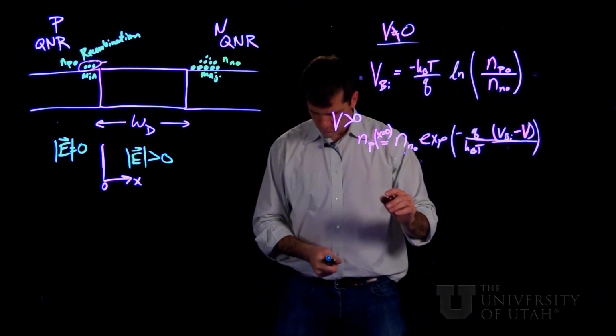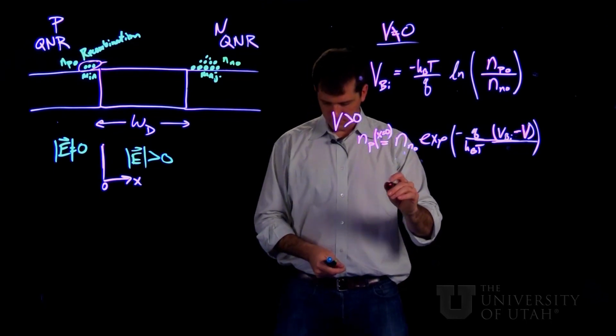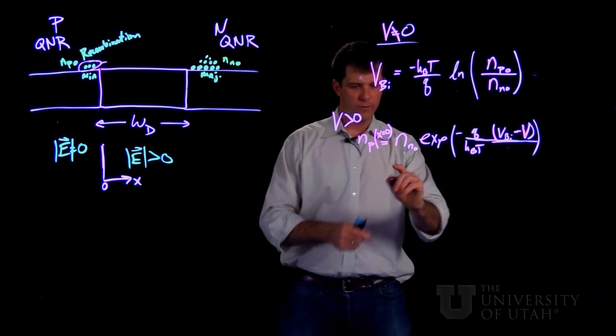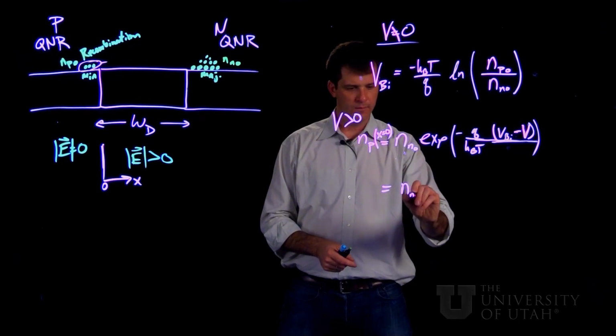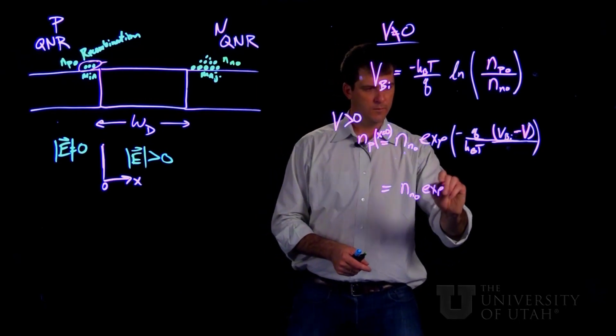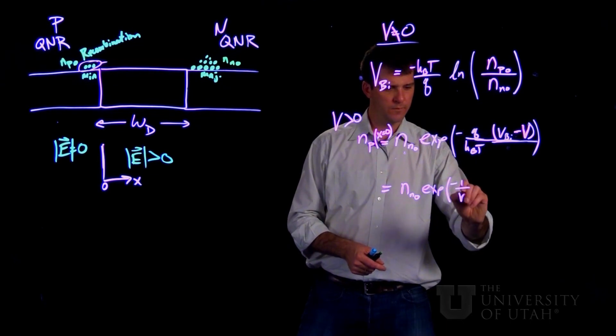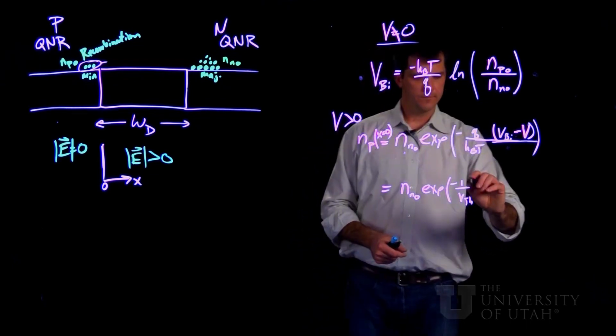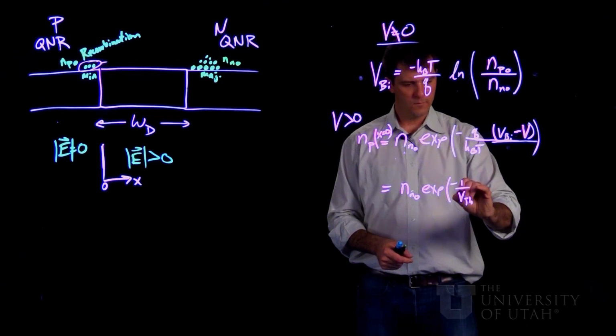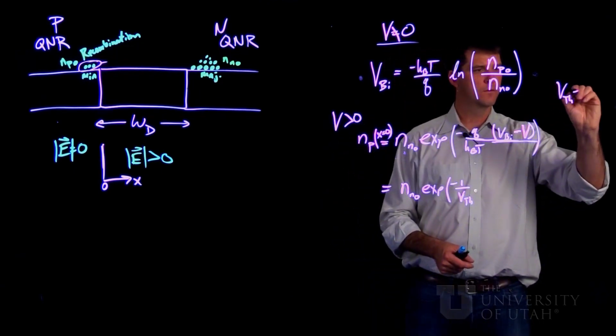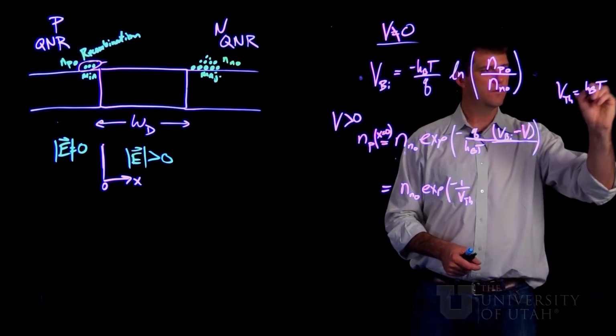So what we can do is break this out into n not times exponential to the negative 1 over V thermal, where V thermal is given by kBT over q.